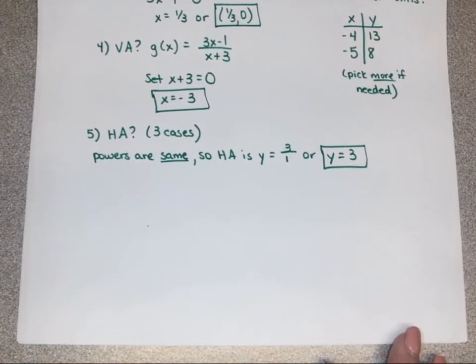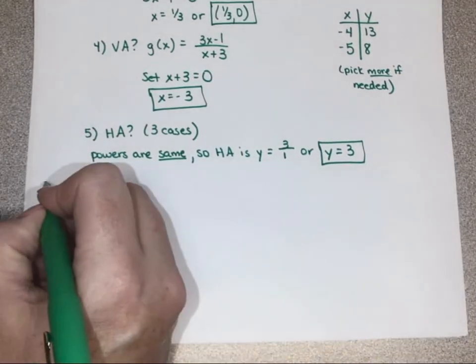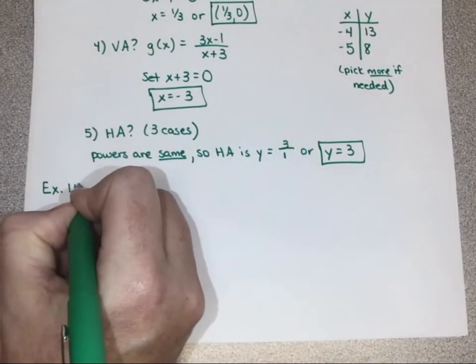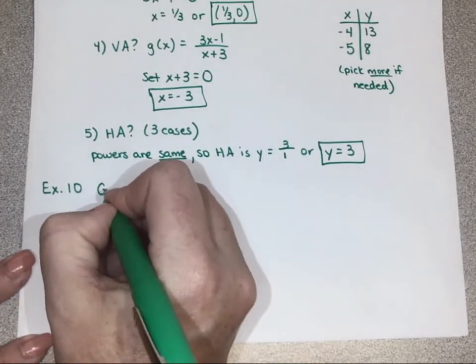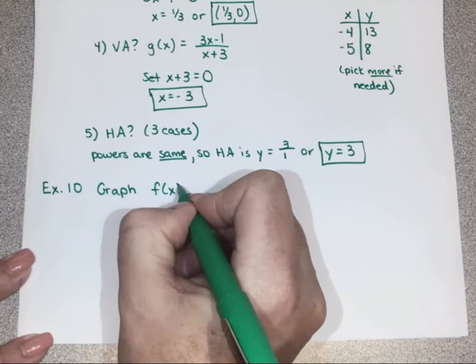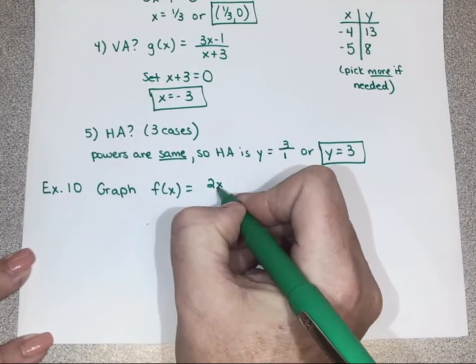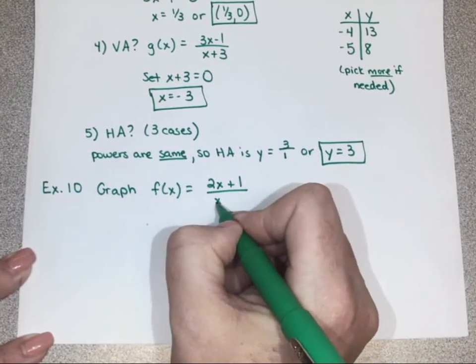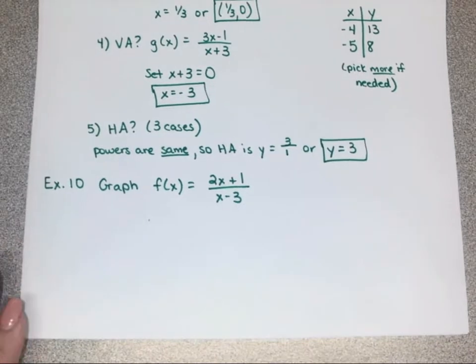Okay, so let's look at one where I'm going to have you work on it on your own. This is still graphing rational functions. Let me word this the way that I probably would for a test.